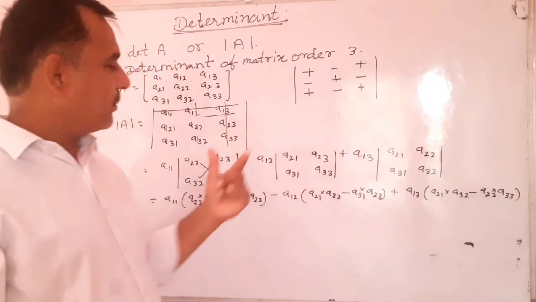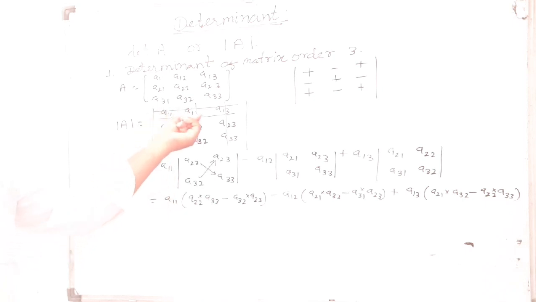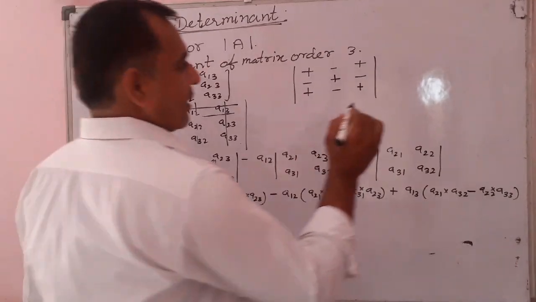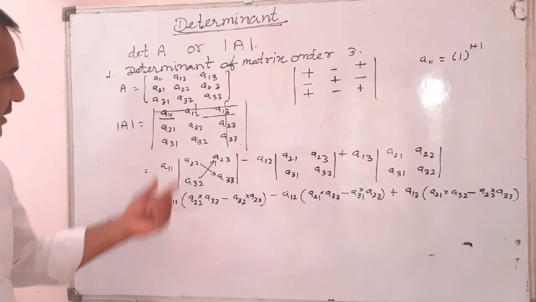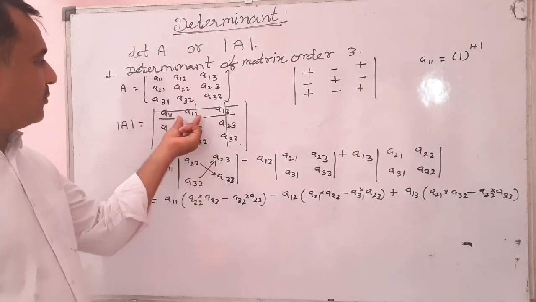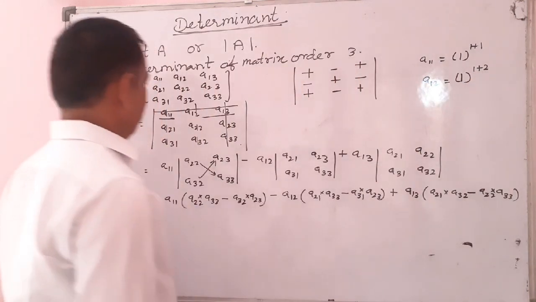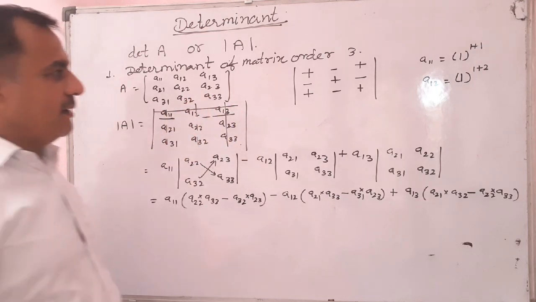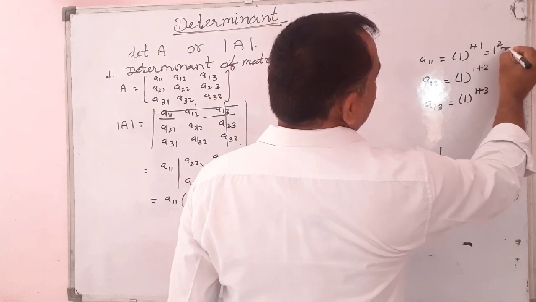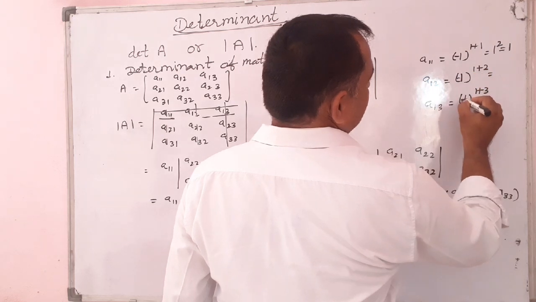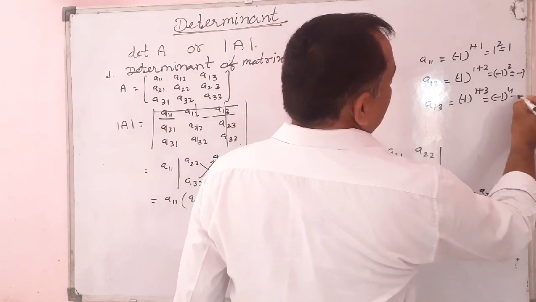The standard method for the sign: we just expanded along which row? R1. What is the first element of R1? A11. For A11 we write (-1) to the power 1 plus 1. The second element is A12, and the sign of A12 is (-1) to the power 1 plus 2. The third element is A13, and the sign of A13 is (-1) to the power 1 plus 3. (-1) squared is 1, (-1) cubed is minus 1, and (-1) to the power 4 equals 1.